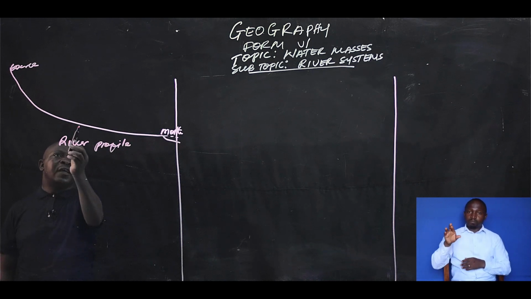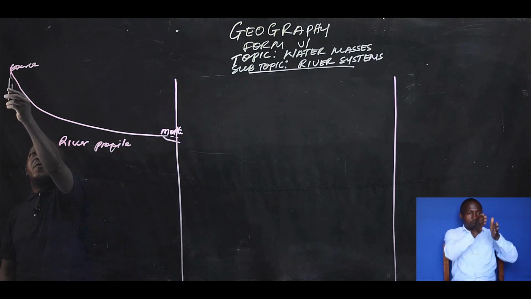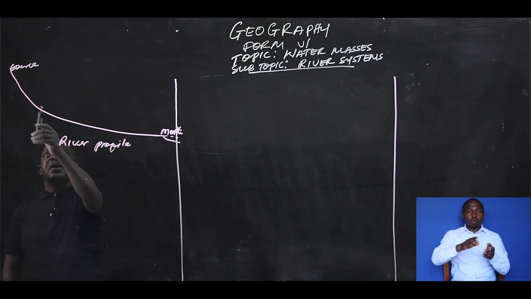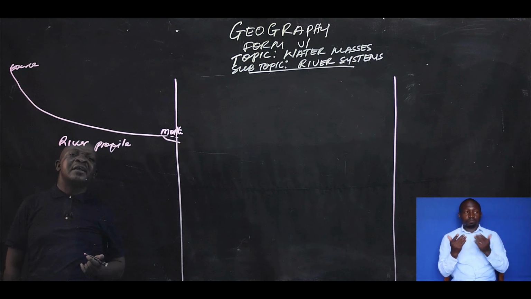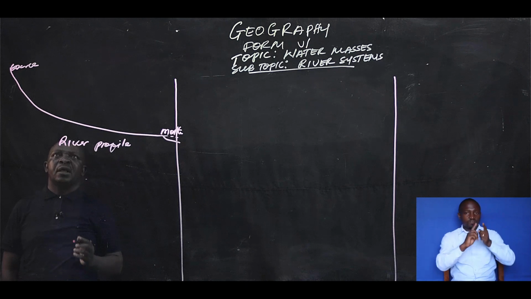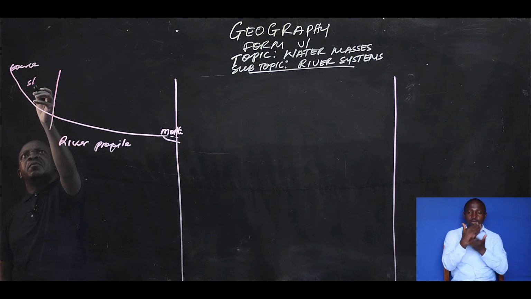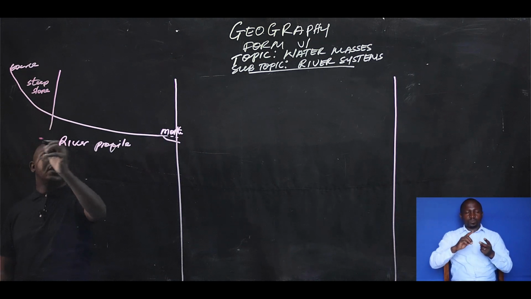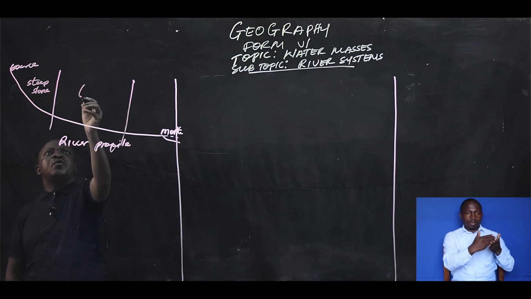Now, with the aid of the diagram we have, the river profile is not entirely the same. It is observed to have remarkably varied parts. We have parts of steep slope. We have parts of gentle slope.